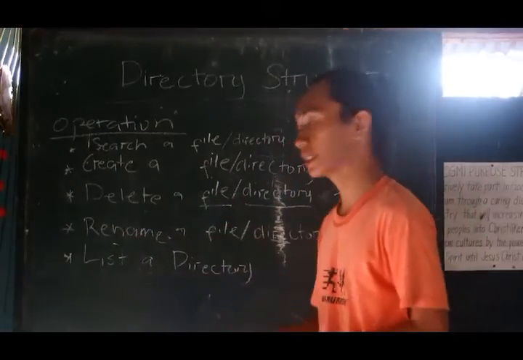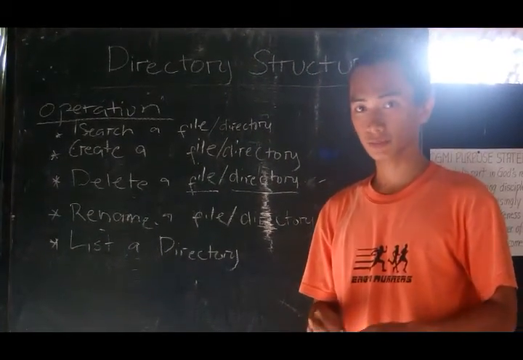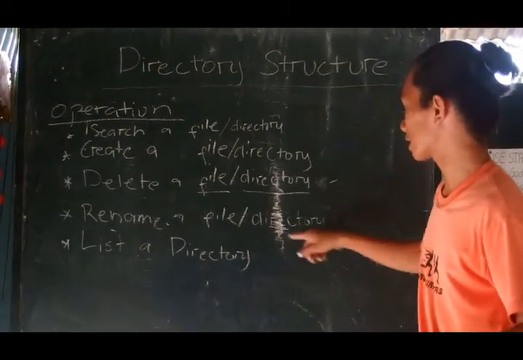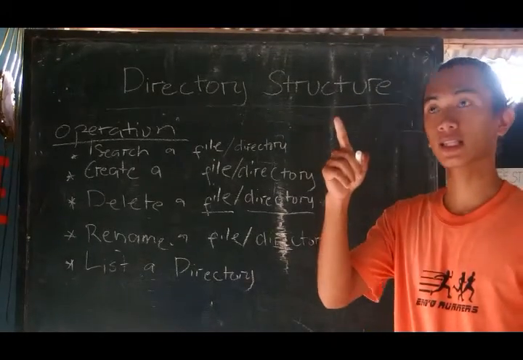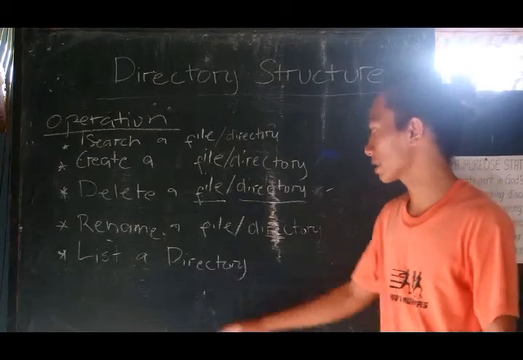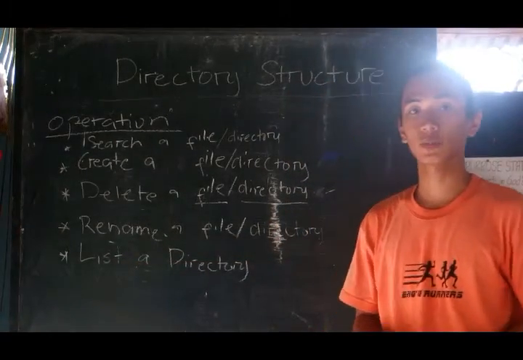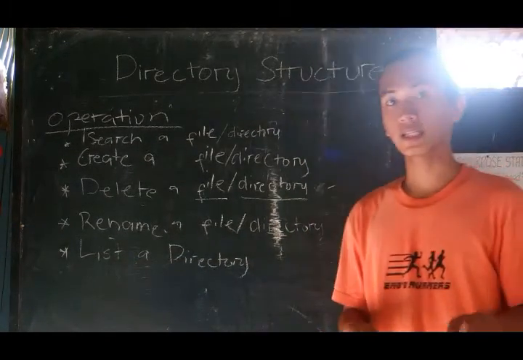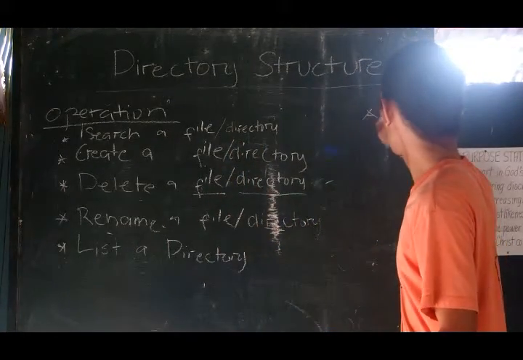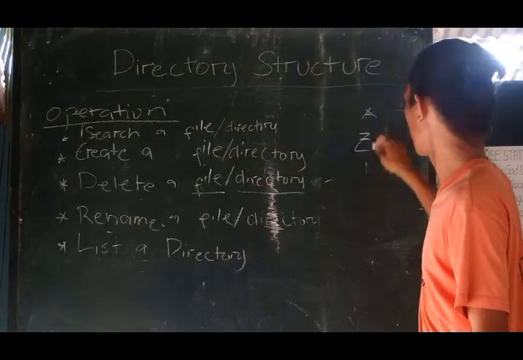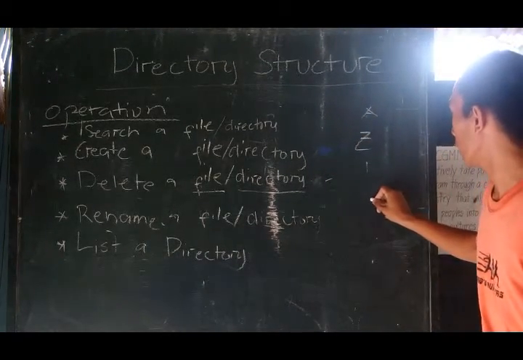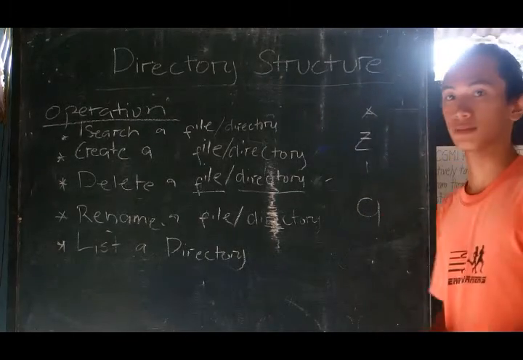Renaming a file or a directory will not rename the subdirectories in that directory. Next is list a directory. It will literally sort all the directories from A to Z, or numeric 1 to 9.